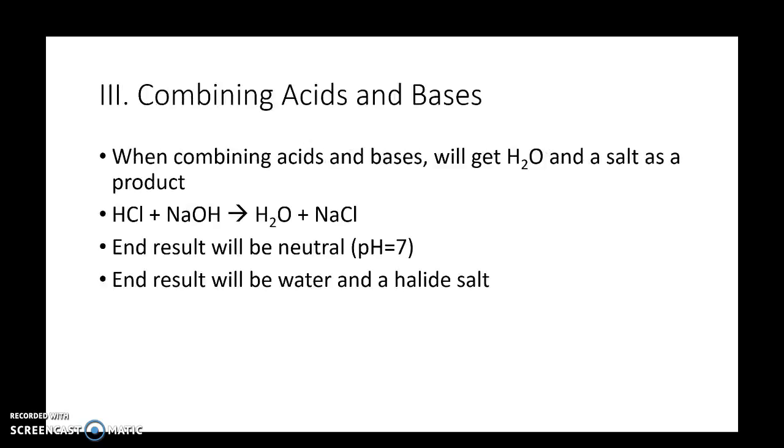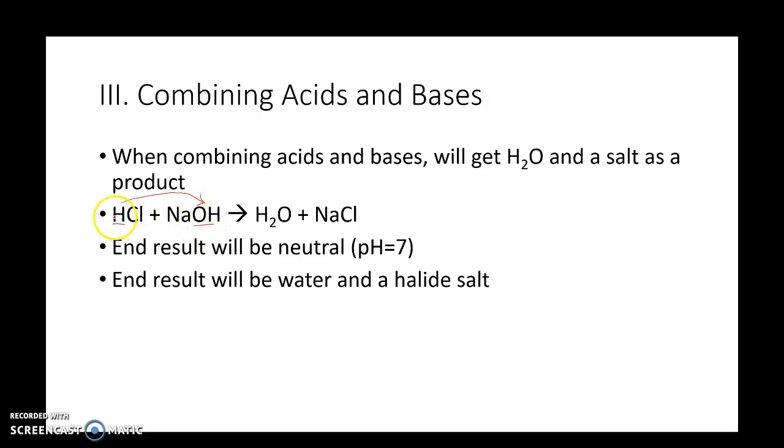Alright, so when we are combining acids and bases, for this class you will always get H2O and some sort of salt as your product, okay? And so this is where the hydrogen ion from the acid gets donated to the hydroxide, okay?